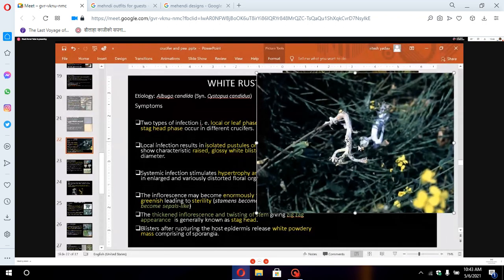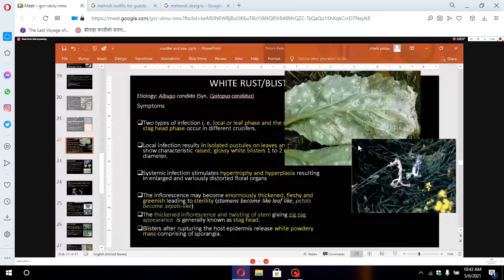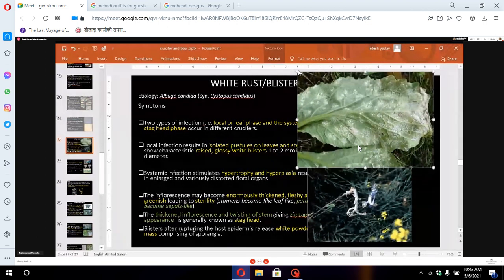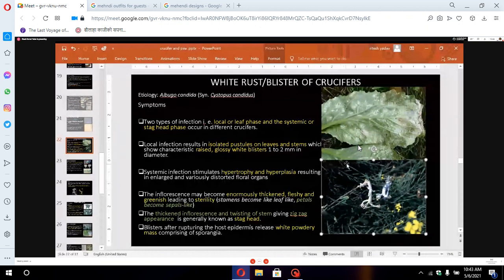So stamens are converted into leaf-like structures and petals into sepal-like structures. This is very important; these are diagnostic symptoms. When the whitish pustules rupture, the whitish growth is also visible on the inflorescence itself.